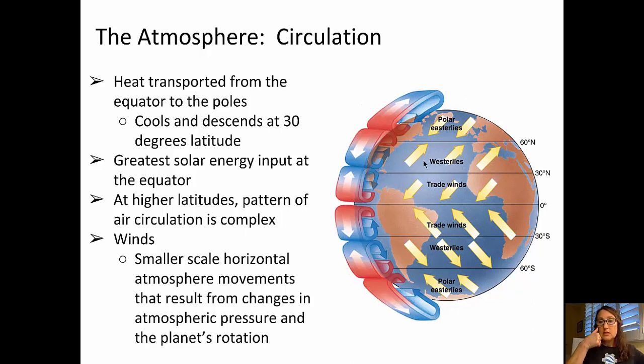The westerly winds are generated at about 60 degrees north or south latitude with rising air there, some of which moves to the south back towards the equator in the northern hemisphere and sinks, again at about 30 degrees north. And additional air from the westerlies rising at about 60 degrees north latitude forms the polar easterlies that rise up and then sink around the North Pole.